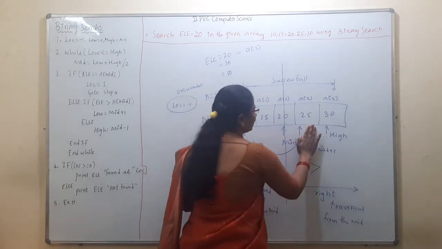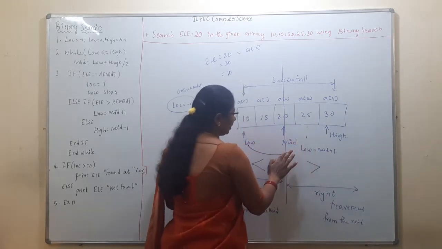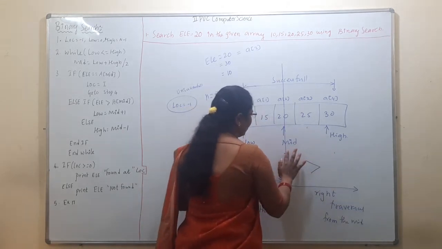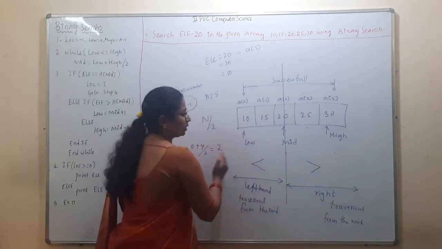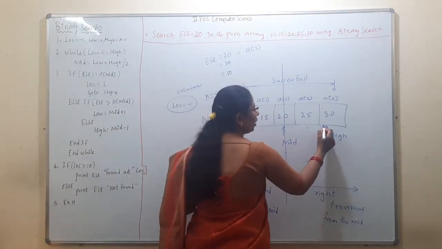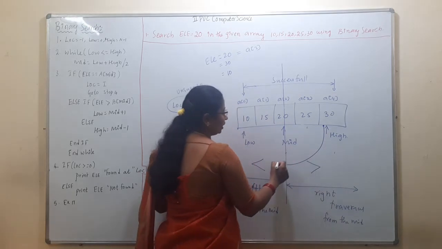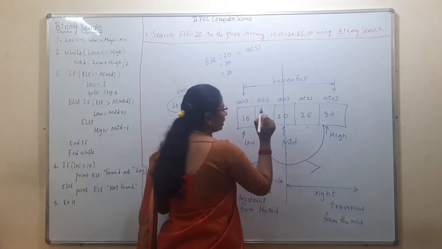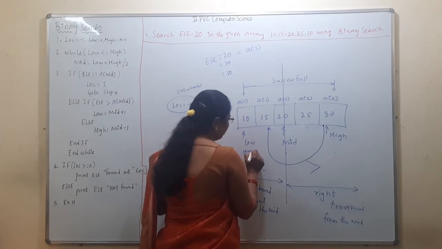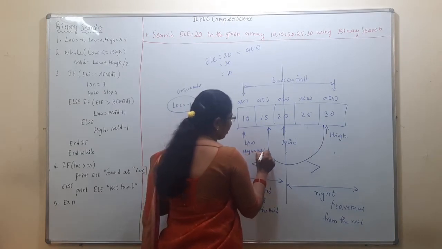Suppose if the searching element is less than the mid position, that time we should traverse towards the left hand side. Then bring your high pointer to the position just before the mid, so that high equal to mid minus 1.